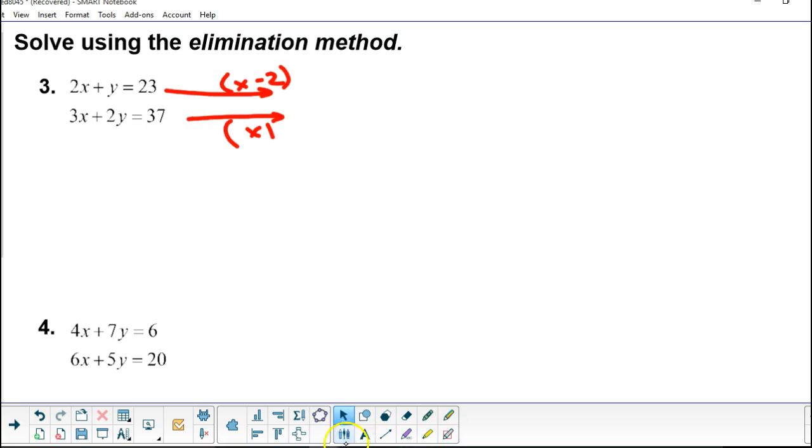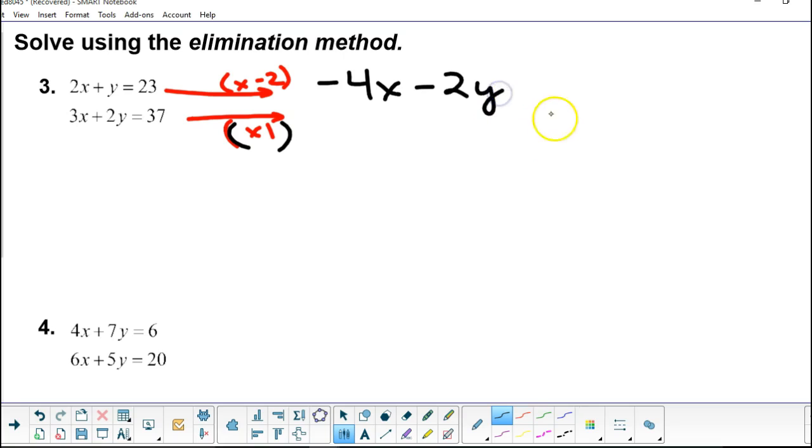As I multiply this first equation by -2, that's going to give me -4x minus 2y equals -46. As I go to the bottom one, of course, I'm multiplying by 1.